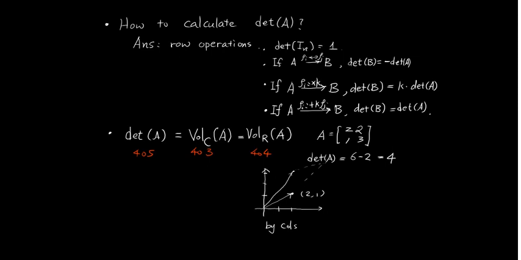So the parallelotope looks like this. On the other hand, if you draw the same thing by rows, you get the first row as 2, 2, which is here. And another vector is 1, 3. It is here.